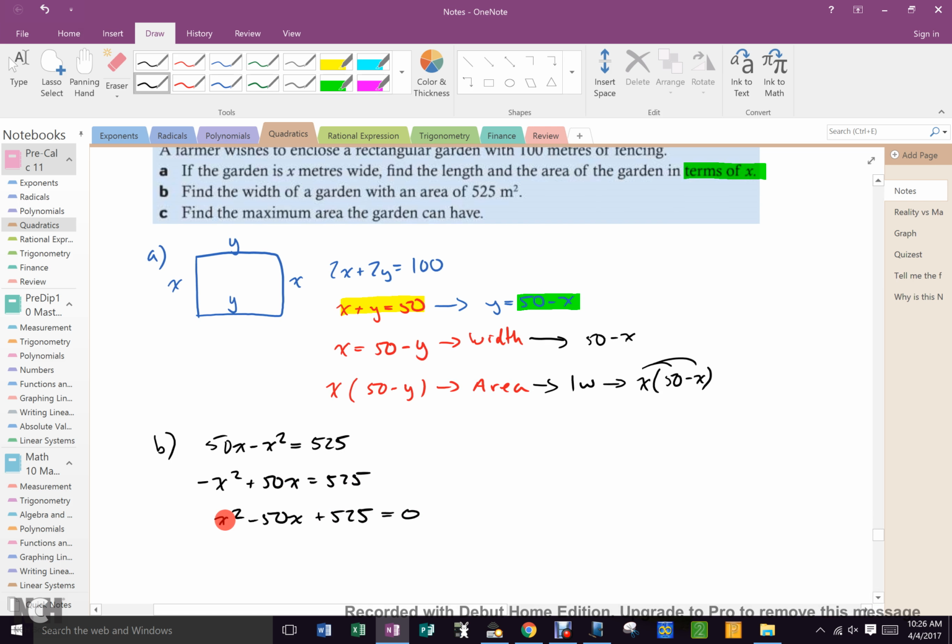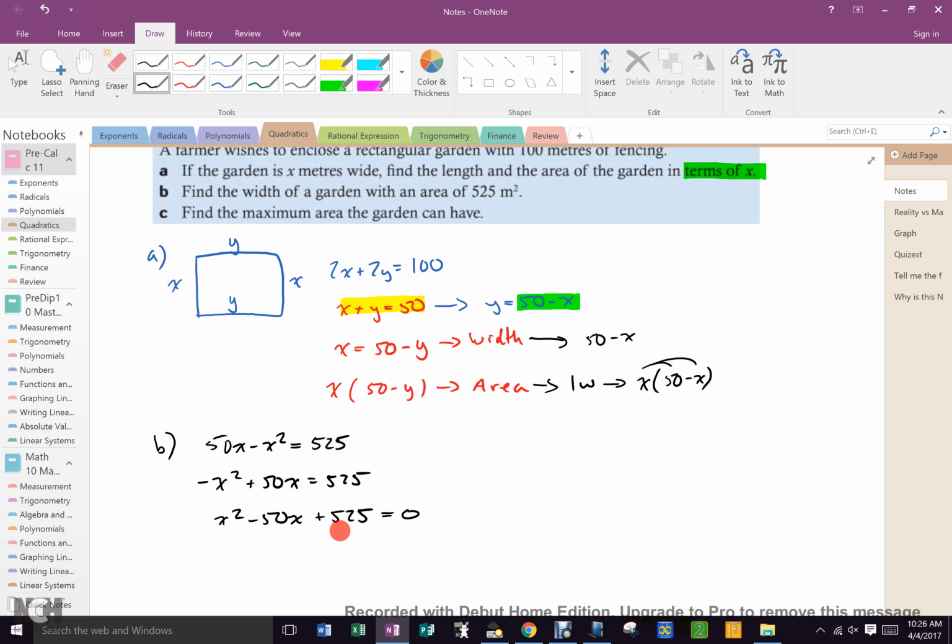Okay. Now, is that standard form? Can I do stuff with that? I can do all my quadratic stuff with that, can't I? Could I complete the square? Yeah. Could I run the quadratic formula? Yes. Could I put this into my calculator? Yes.